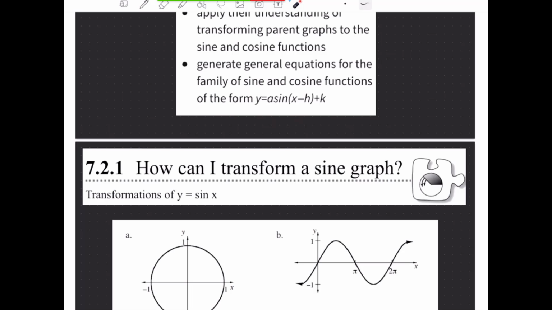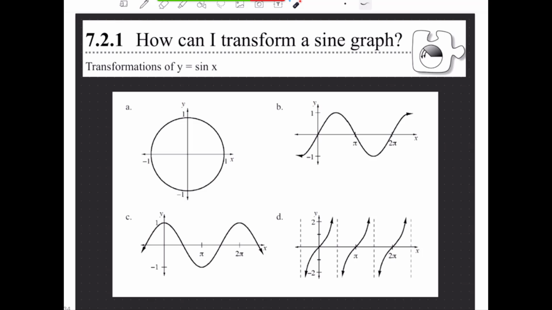All right. So before we get working on our sine function, I have 4 graphs up here that we need to talk about. We need to come up with an equation for each of these 4 and figure out what they all are. So if we start with A, anybody know what this is? 360. Yeah.